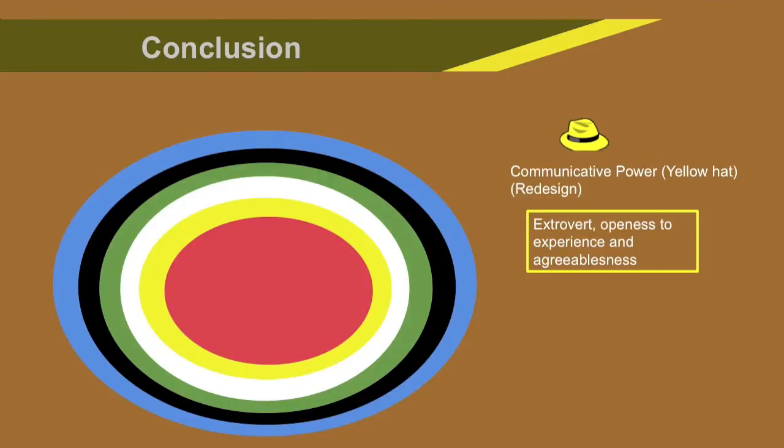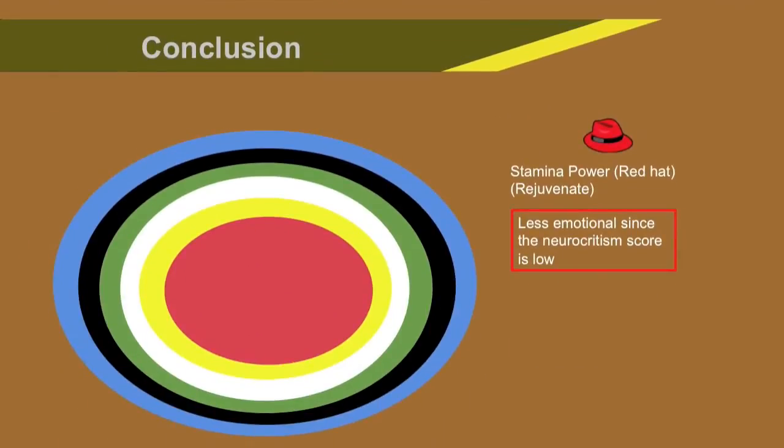And the last one is red hat, which indicates a stamina power, where I am rejuvenating my emotional. So that's all about my self-assessment sharing using the action learning framework developed by Professor Dr. Katie Chung, which is a powerful tool that helped me to create a detailed career plan in order to achieve my professional future goal. So I'm Natasha, thank you for watching this video and have a nice day.